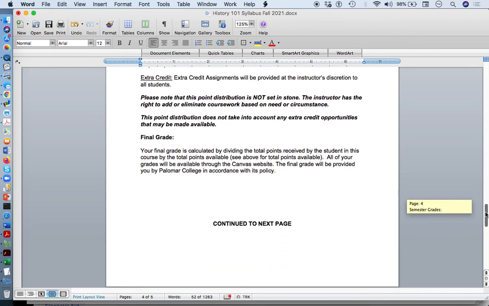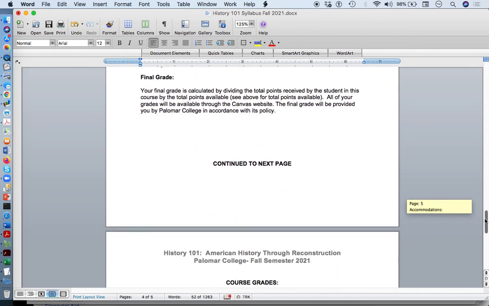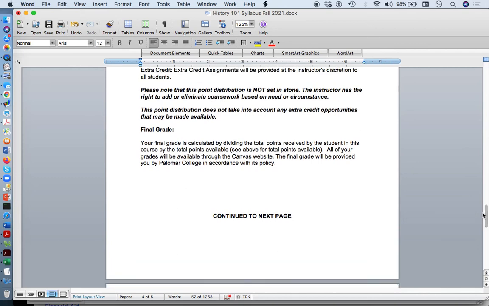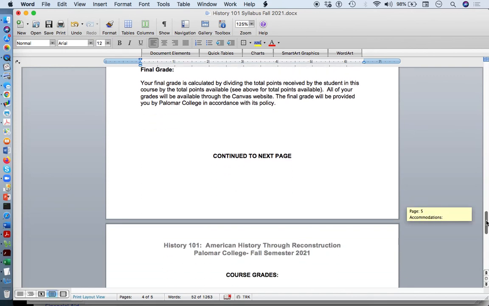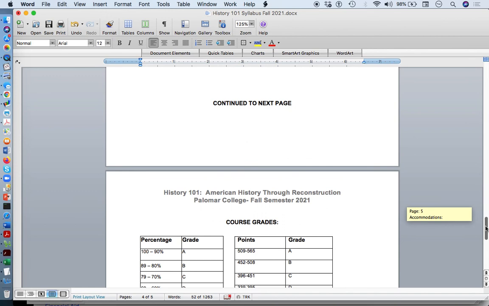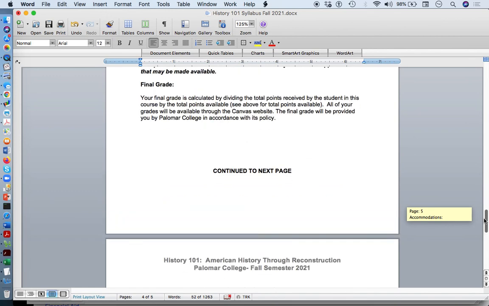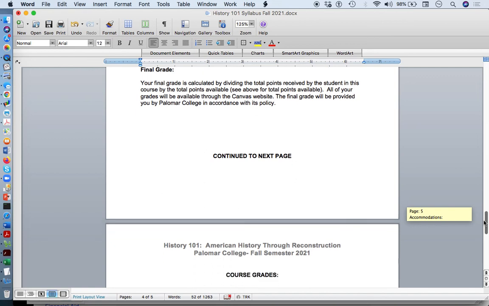And your final grade is basically calculated by dividing your total points received by the amount of points available in the course. And that, of course, excludes extra credit. Extra credit is figured into the amount of points received, but not figured into the amount of points available, to give you an extra little boost.